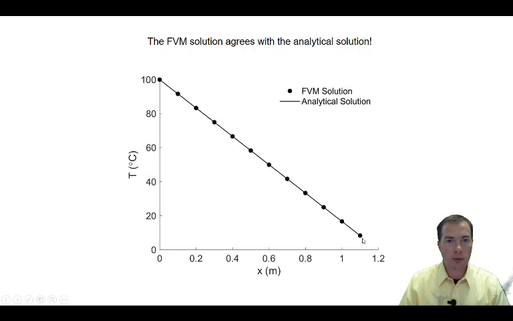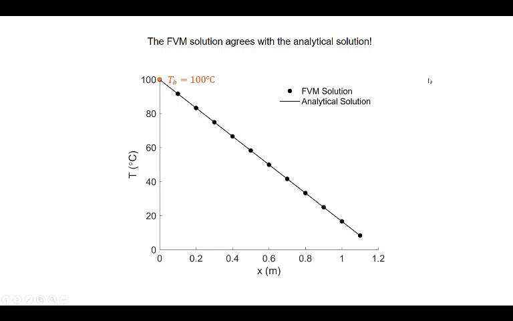There are 12 corresponding to the 12 nodes in the mesh: 1, 2, 3, 4, 5, 6, 7, 8, 9, 10, 11, and 12. The first node is at 100 C, corresponding with the boundary condition, and the last node is at 8.3 degrees C, corresponding with the value calculated from the thermal circuit analysis. Of course, energy continues to transfer into the fluid at 0 degrees C.